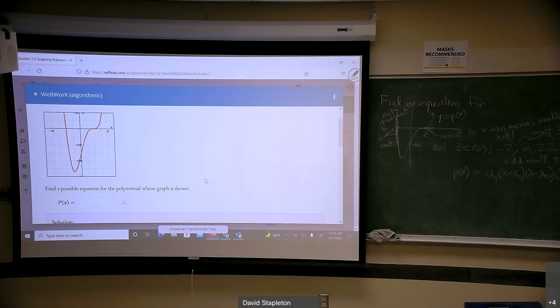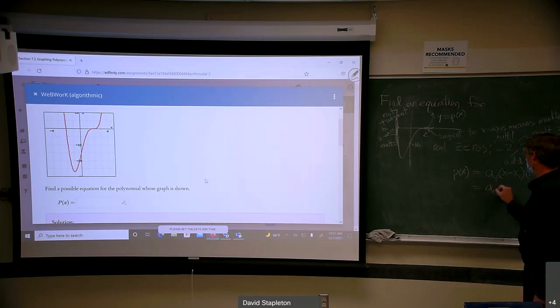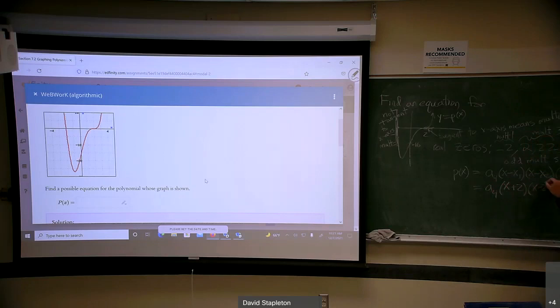So n equals 4 to accommodate multiplicity 3 and multiplicity 1, 1 plus 3. So it looks like that, and it's a4, the lead coefficient, times x plus 2, that's minus a -2, times x minus 2, x minus 2, x minus 2.